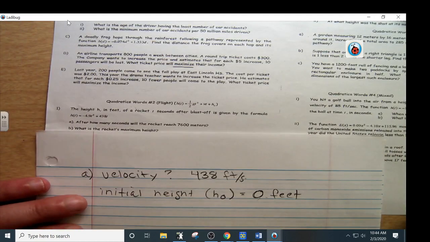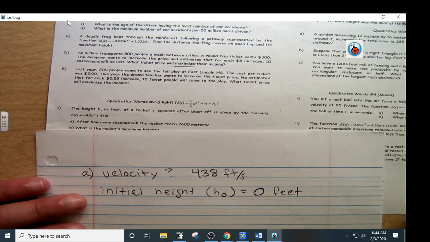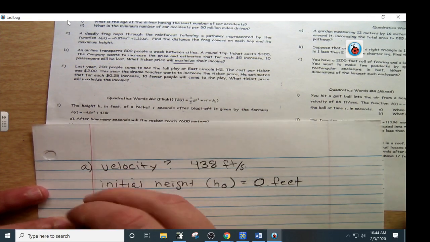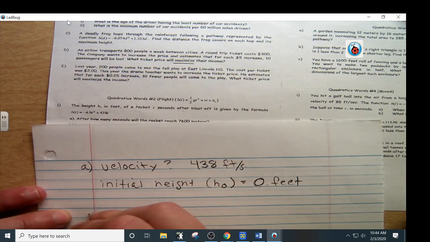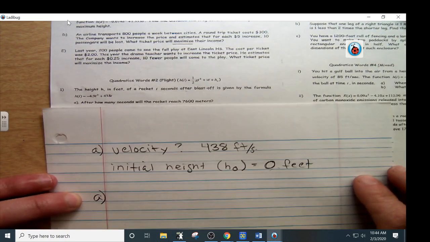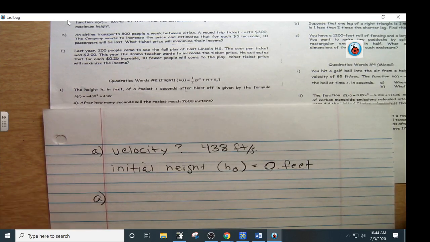All right. After how many seconds will the rocket reach 7,600 meters? All right, now. So, guys, looking at your sheet, am I finding the x-intercepts, the vertex, or position of an object given the time? Nope.